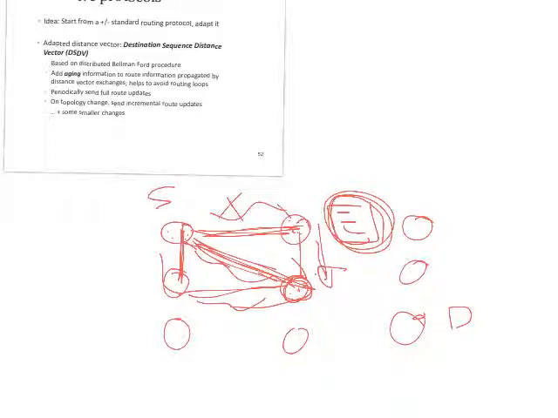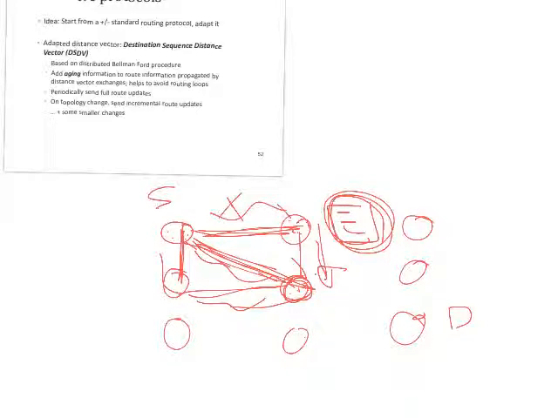When this node receives the distance vector, it will ask itself, do I have a route to this node better than what I have in this table? If the answer is yes, then I will update my table with the incoming distance. If the answer is no, then I keep what I have in the table and move on.